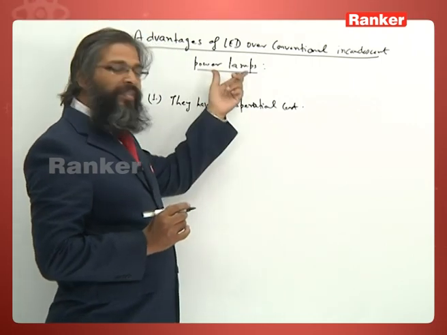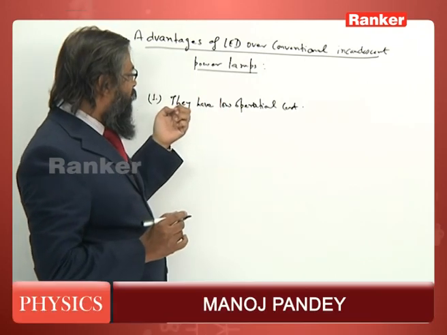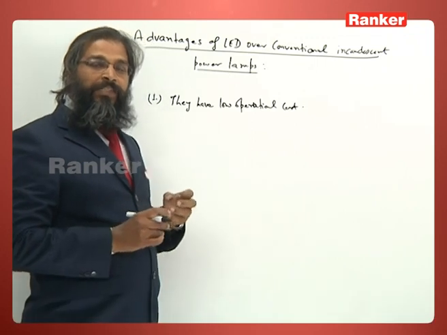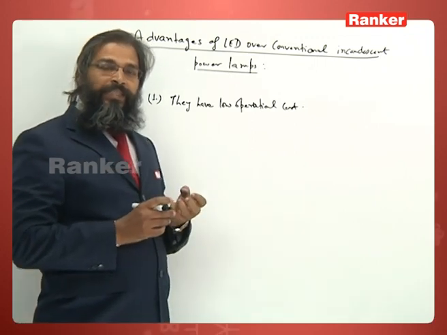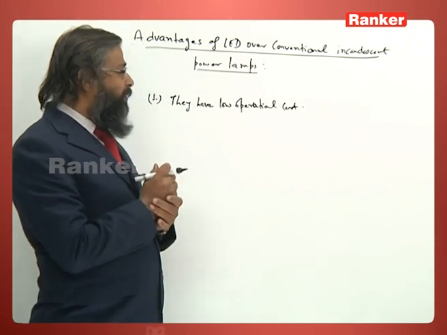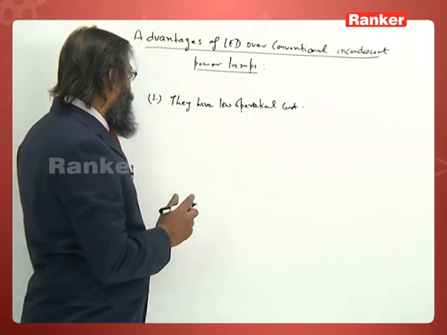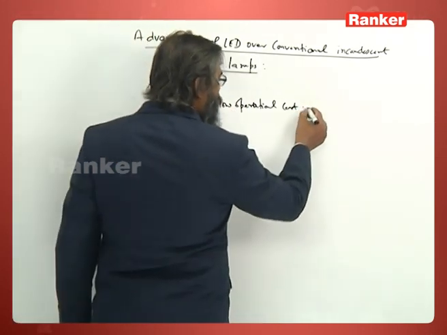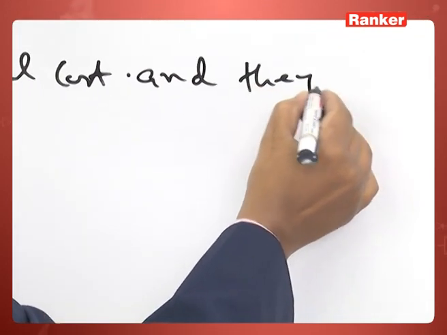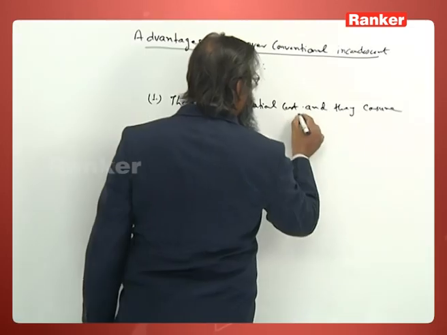To operate these LEDs, the power consumption is very low, whereas in conventional lamps the power consumption is very high because the power is directly converted into heat. The majority of the energy is converted into heat. So LEDs have low operational cost because they consume less power.